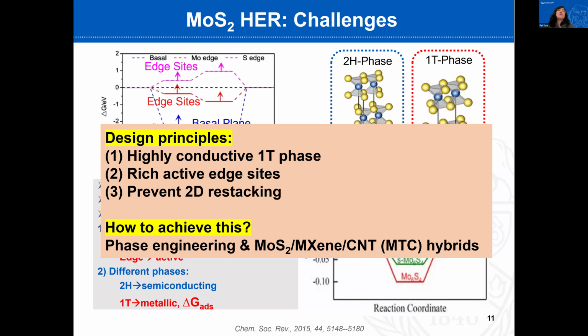How to achieve this? In this talk, I will discuss the strategy of using ion intercalation to trigger phase engineering and to form a certain type of ternary structure. Here we have MoS2, MXene, and CNT, denoted MTC. We form those ternary hybrids to address the above issues.